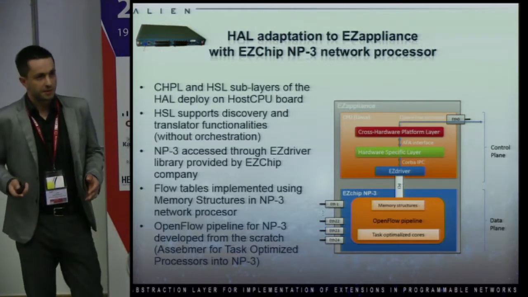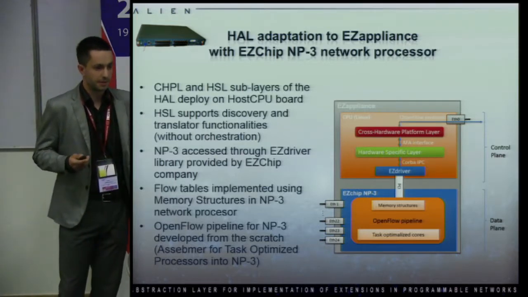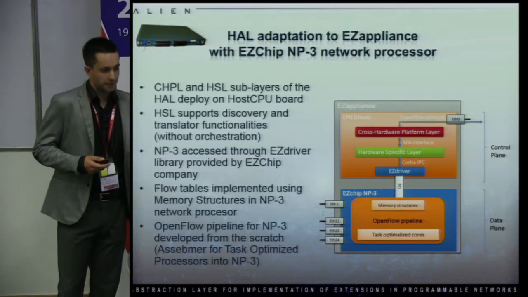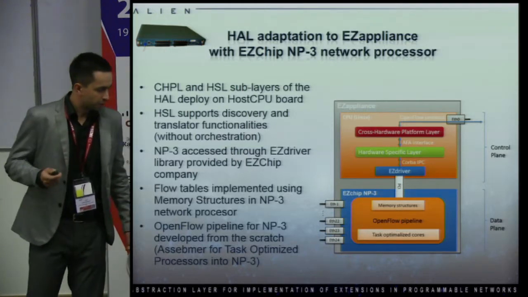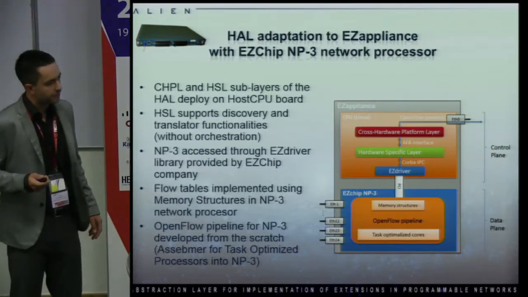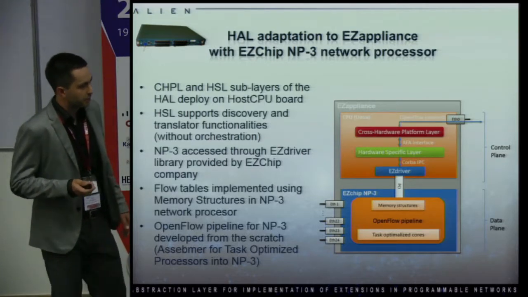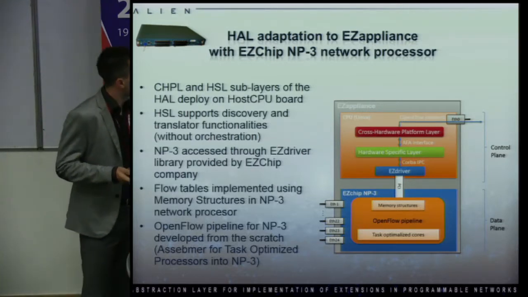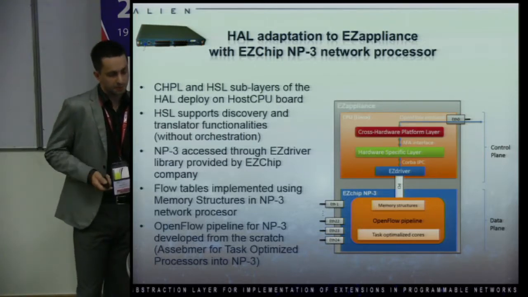The network processor is accessed through the EzDriver library, a proprietary library provided by the EZchip company. And in the network processor unit, we implemented flow tables using memory structures. We also implemented from scratch the OpenFlow pipeline, using assembler for task-optimized processors.